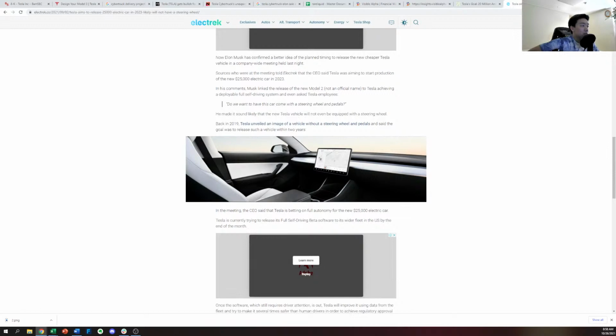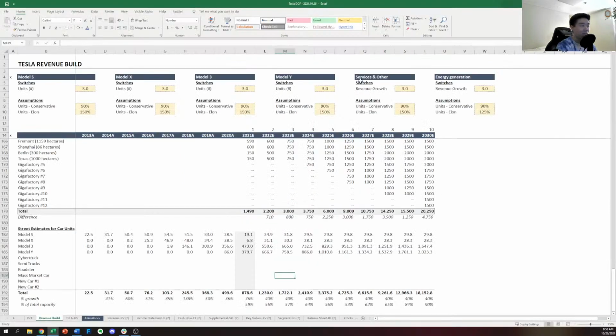Back in 2019, Tesla unveiled it. Okay, here we go. Aiming to start production of the new $25,000 electric car in 2023. So they're going to slowly ramp and then probably explode in these next few years, right? So MMC is this mass market car, and it should explode in these few years.